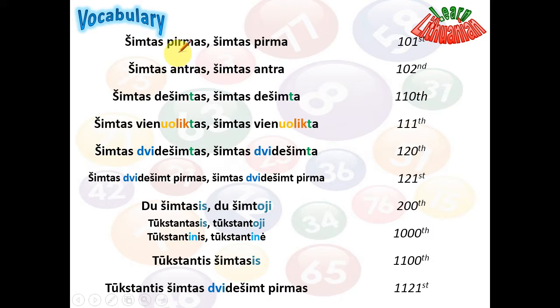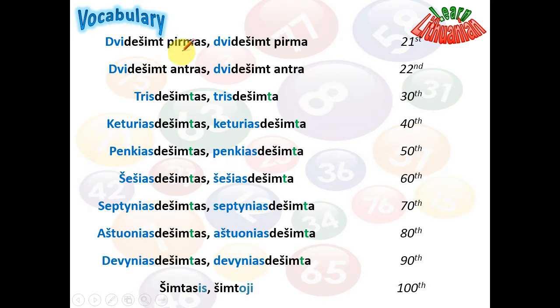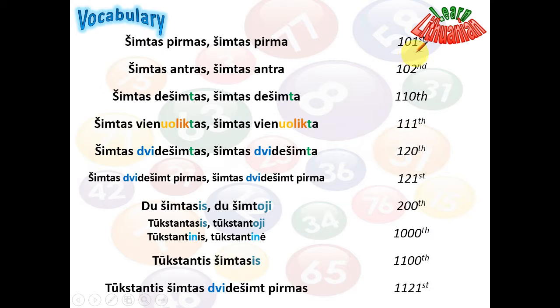Now, all those other numbers, like 21st, 22nd, 31st, 32nd, 51st, and so on, and 101st, will be made by changing the last number. Just like 25th, you only say the number and you change the last number.